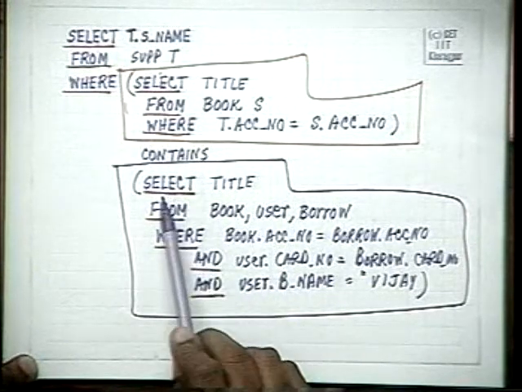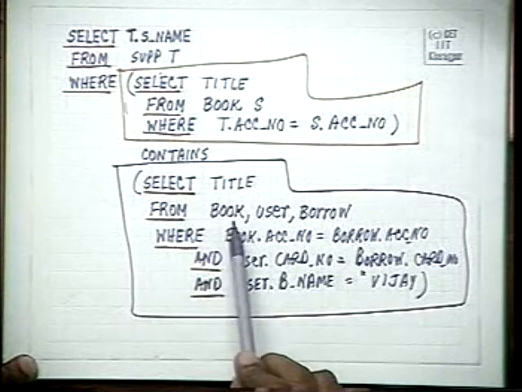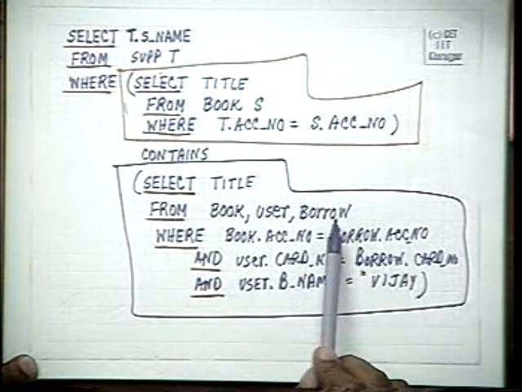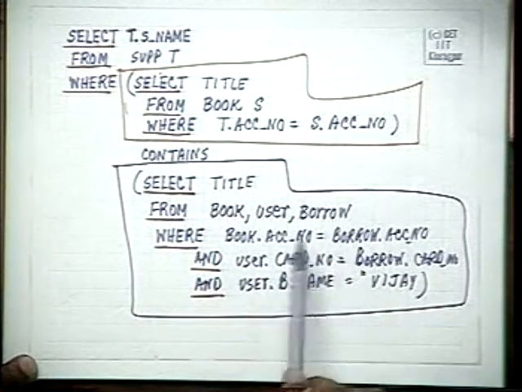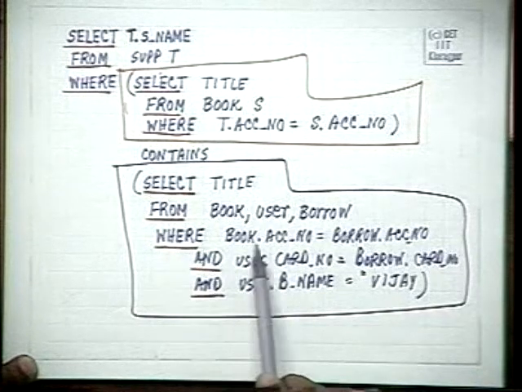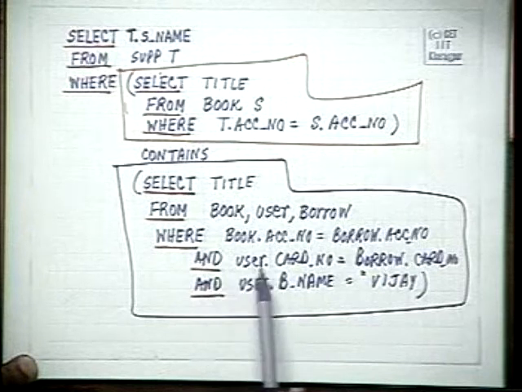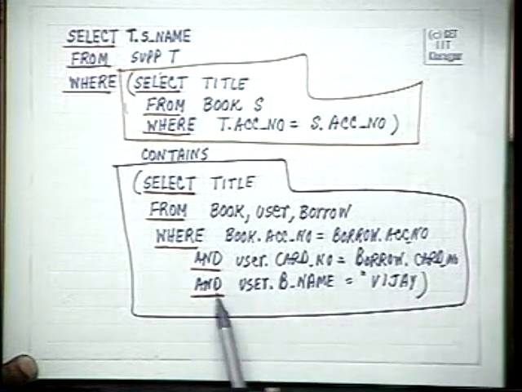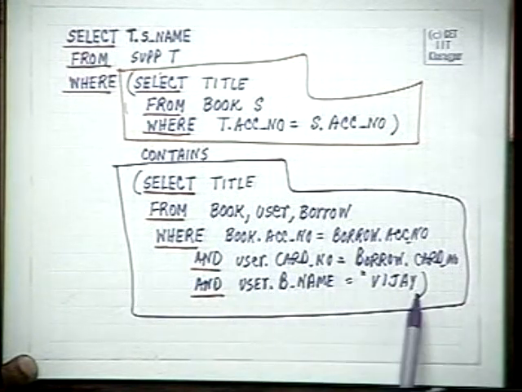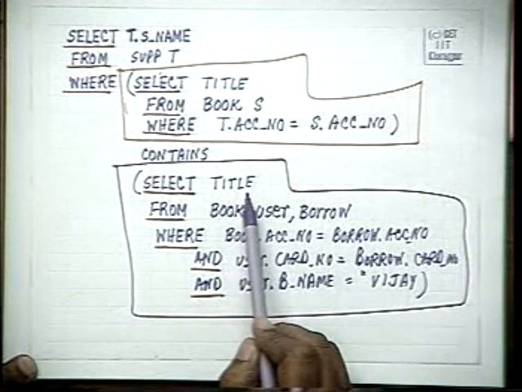How did we do that? Select title from book, user, borrow, and we did a natural join of book, user and borrow where book.accession number is borrow.accession number and user.card number is borrow.card number and user.borrower's name is Vijay. So we found out the titles of all the books issued by Vijay.